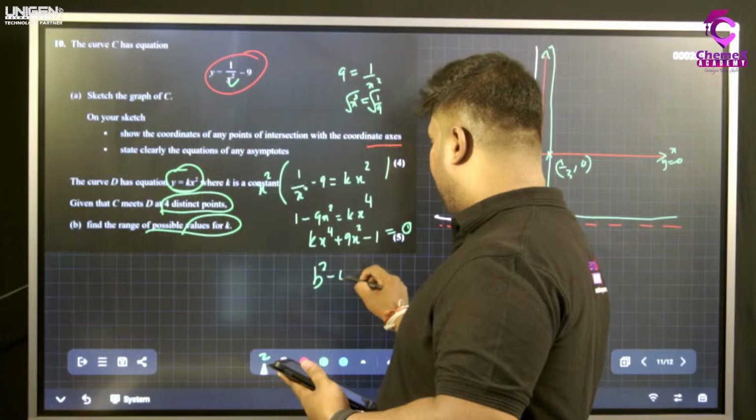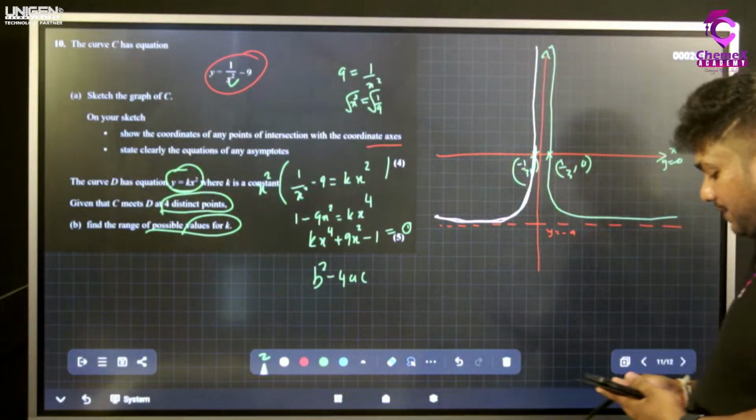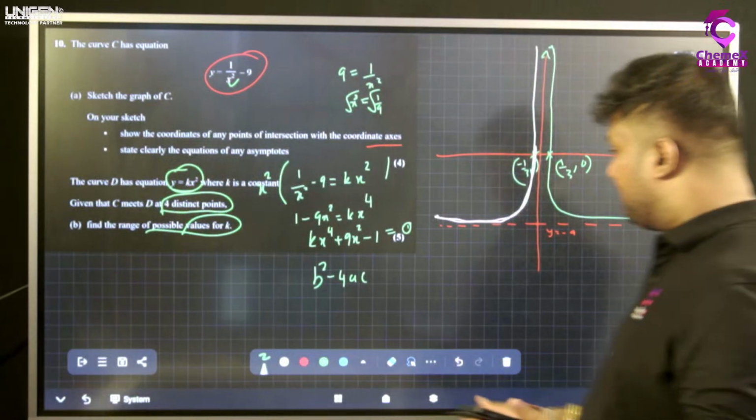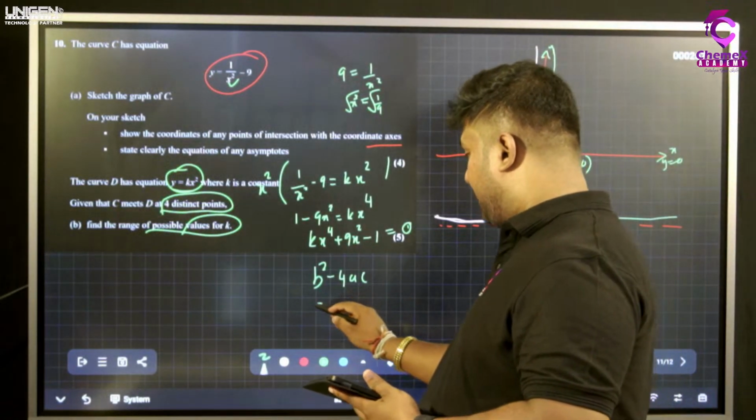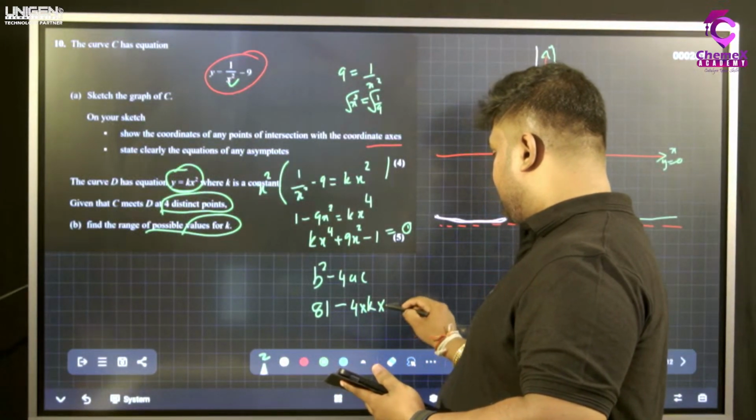It's a quadratic, so b squared minus 4ac, you have to get it. So what's the value? b is 9 squared, which is 81, minus 4 times k times c, which is minus 1.